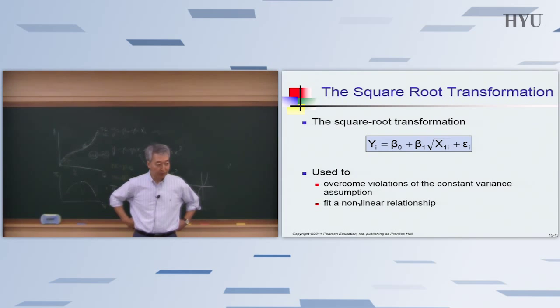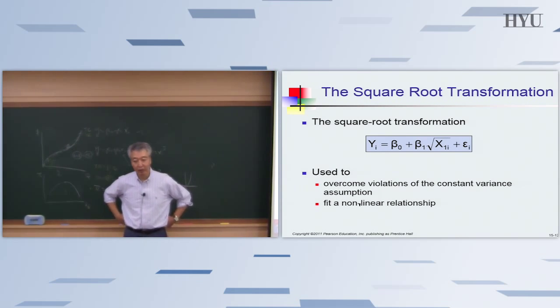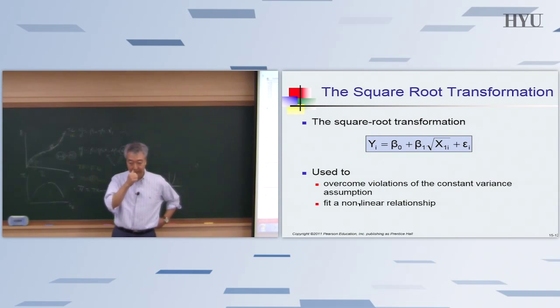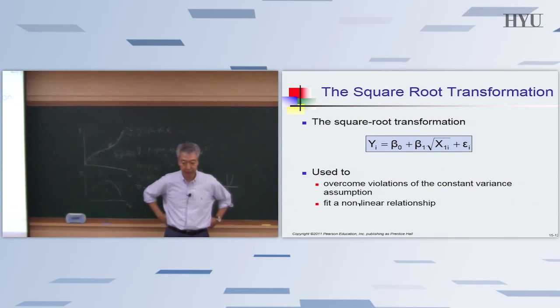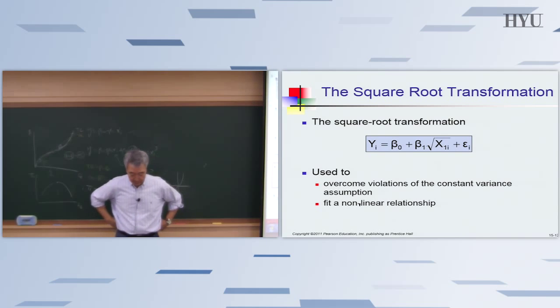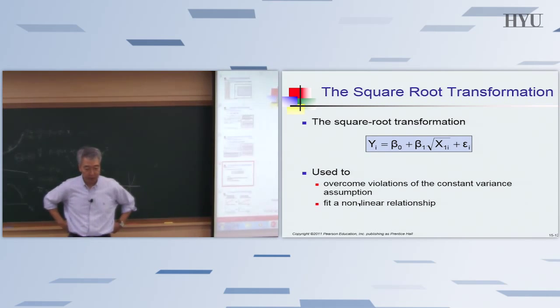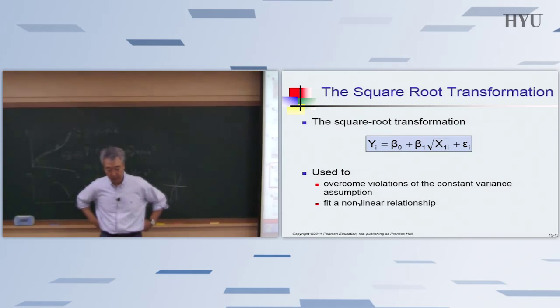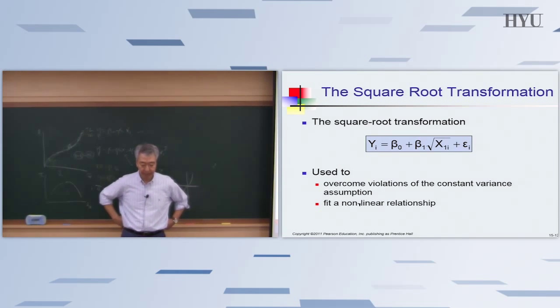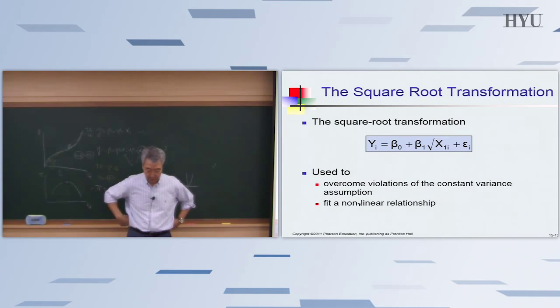If you have unequal variance, it's called the heteroscedasticity problem, right? So if you have some heteroscedasticity problem, a violation of the homoscedasticity assumption, then many times you can use square root transformation, right?